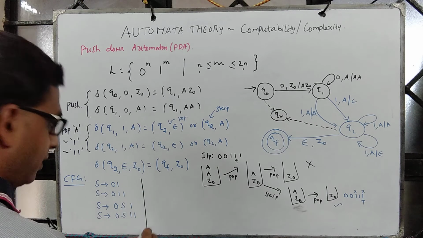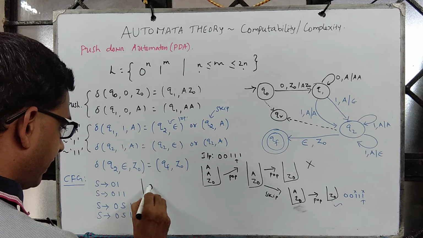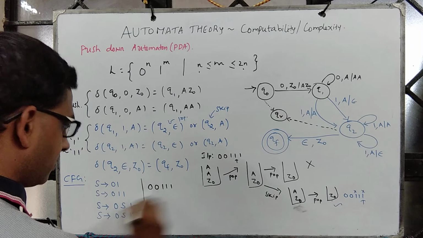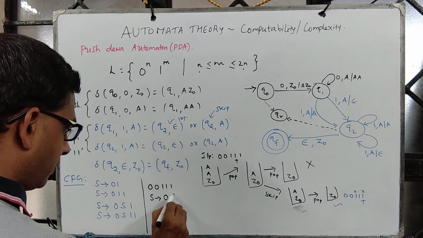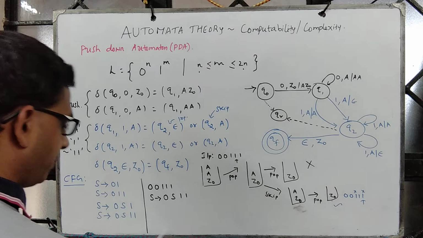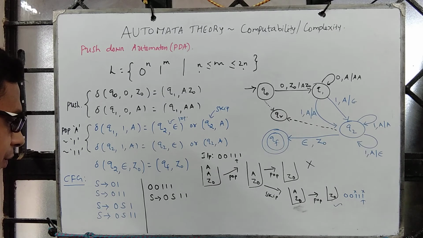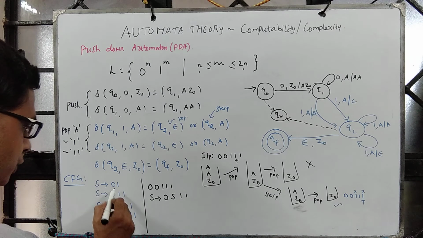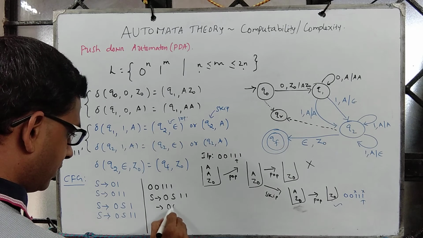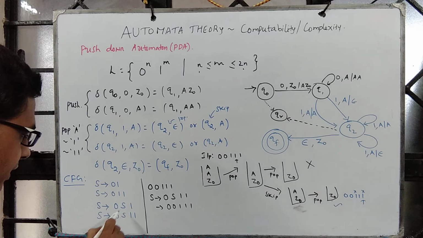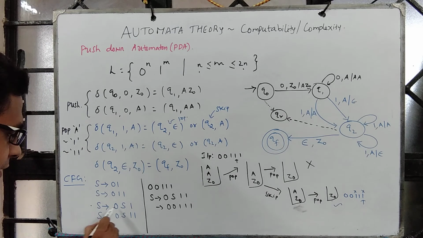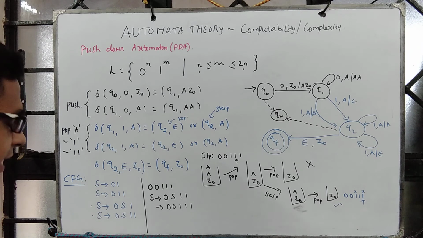Let's look at a string like this. So I start with 0 S 1 1. Then I want to terminate, choose this, then it becomes 0 0 1 1 1. Remember, you keep using this, we get 0^n 1^n. You keep using this, you get 0^n 1^2n.